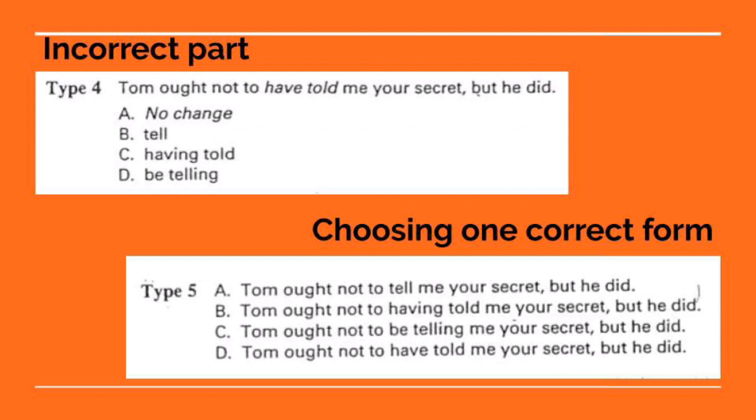Then, there is incorrect part, where we have to correct the italic word or phrase with one of the provided choices. Next is choosing one correct form. This type seems not to have any questions but 4 choices, where 3 of which are grammatically incorrect, and students have to choose the only one correct form.